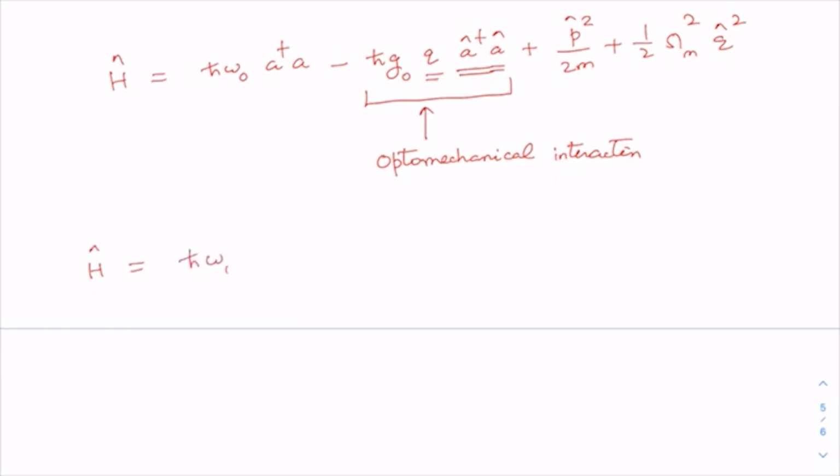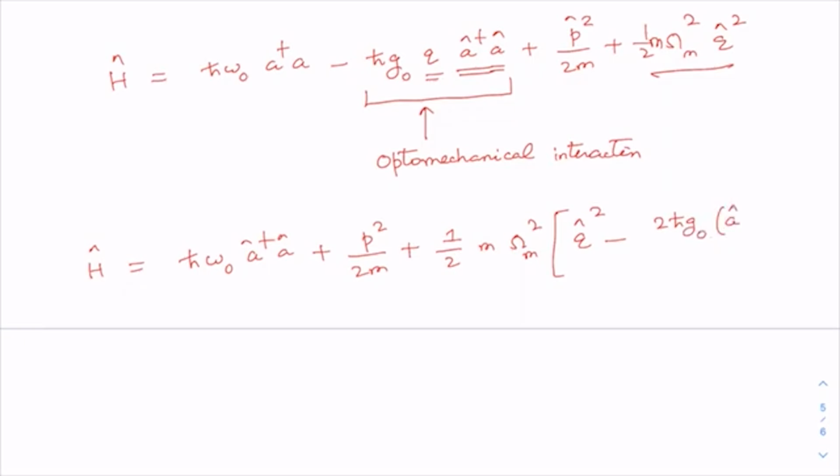We can write it as h cross omega 0 a dagger a, all these are operators, plus p square by twice m plus half m omega m square q square, then minus twice h cross z0 a dagger a q divided by m omega m square.